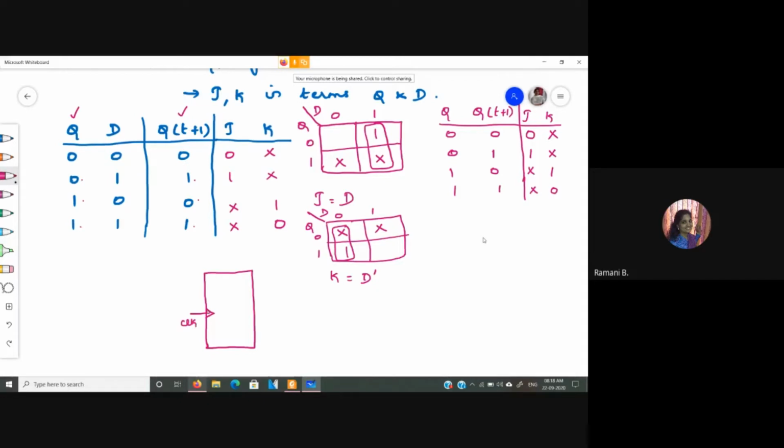And if you have a bubble inside, you call it the negative edge triggered clock. You can choose anything, that is fine. And as such with the flip-flop, you have the inputs J and K because the given flip-flop is this, and you have the output Q and this is Q bar. Okay, this is the graphic symbol.